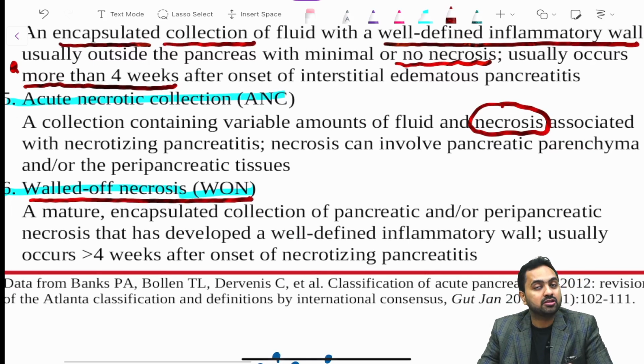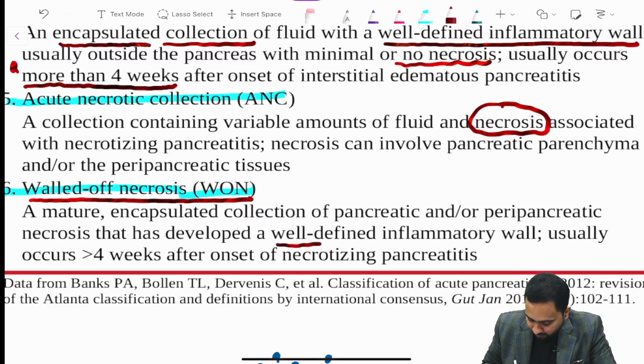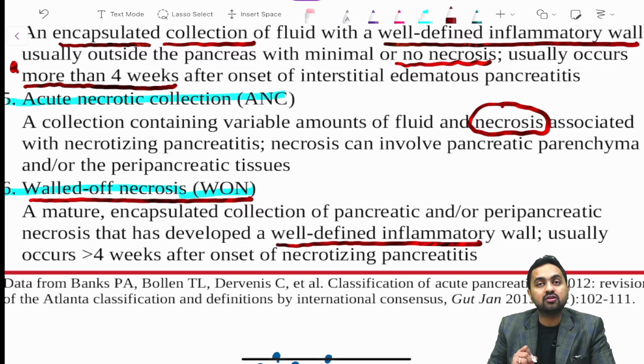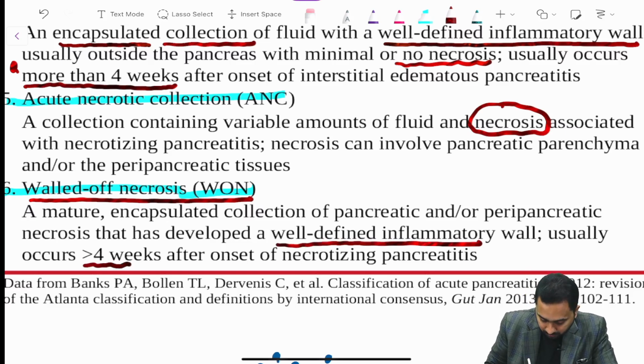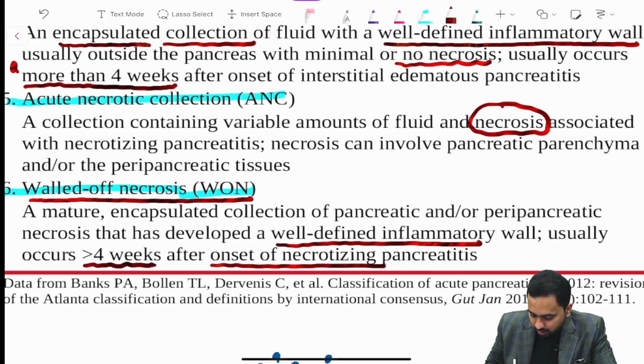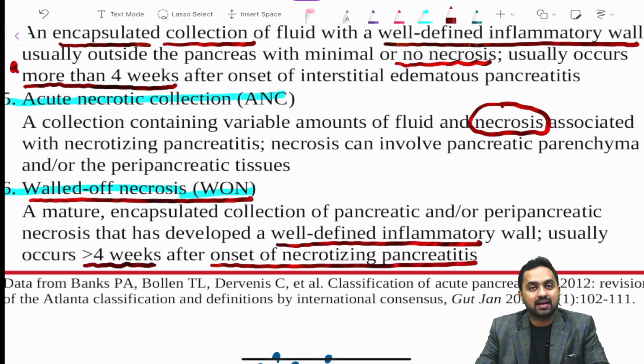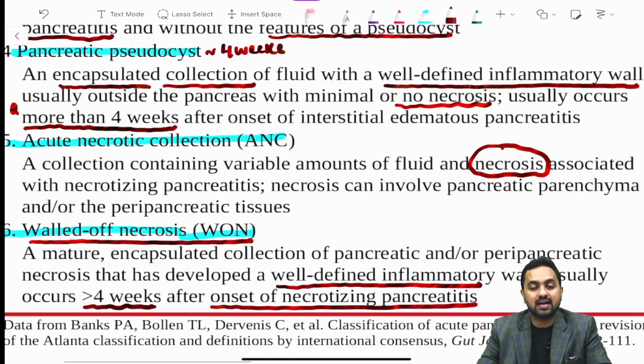Now this is a mature encapsulated collection of pancreatic or peripancreatic necrosis that has developed a well defined inflammatory wall and it is occurring usually after 4 weeks of onset of necrotizing pancreatitis. So this is almost the same counterpart of your pancreatic pseudocyst, which is occurring after 4 weeks of interstitial edematous pancreatitis.